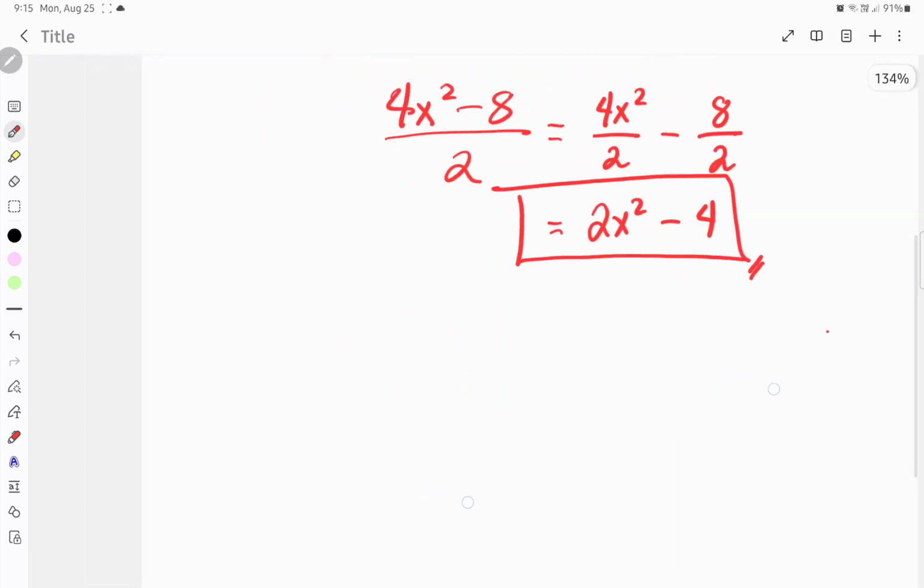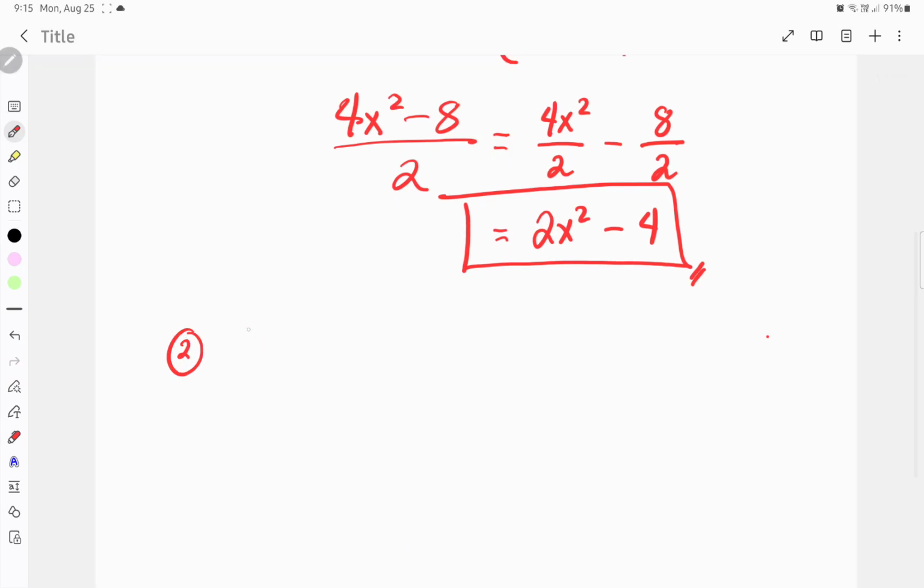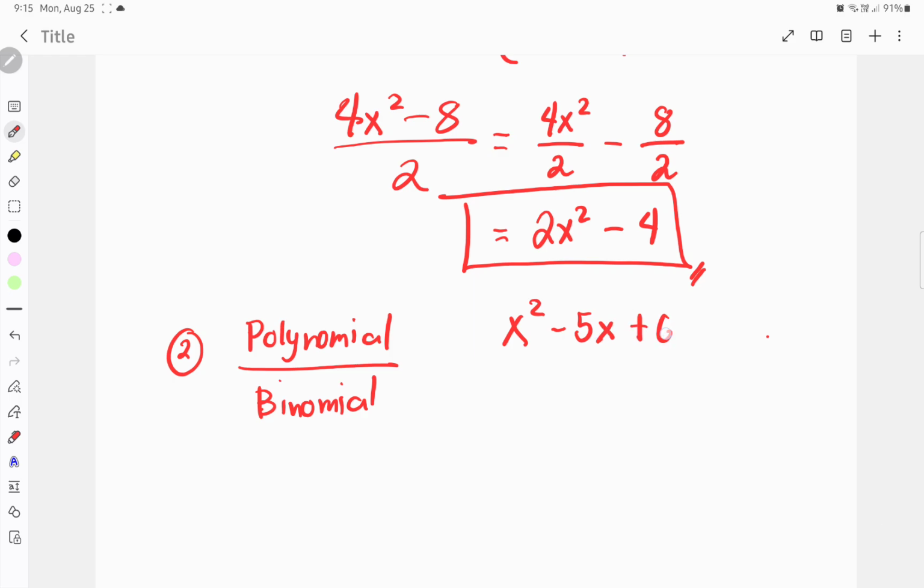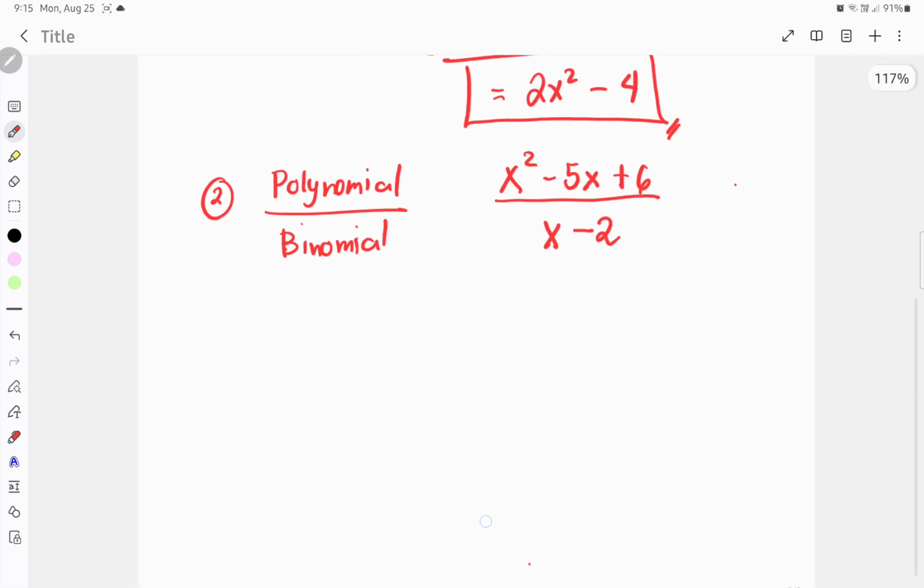However, if we are working with another case, which is the second case, a polynomial divided by a binomial, for an example, I have here x squared minus 5x plus 6 divided by x minus 2. In that case, we will write the first way on how to divide, that is using factoring.